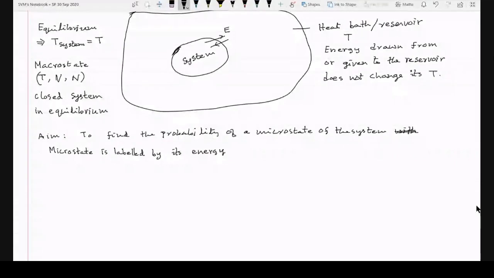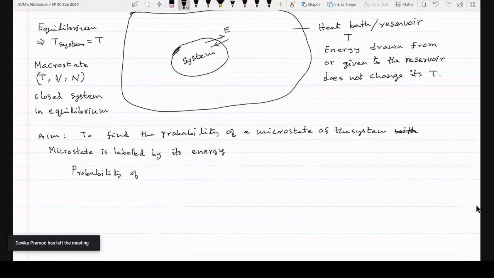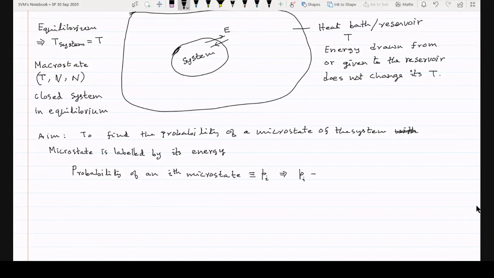So I can naively expect that the probability of an ith microstate, which I denote as E_i, can depend on the energy of that microstate, E_i, and of course the other thing it depends on is the temperature.